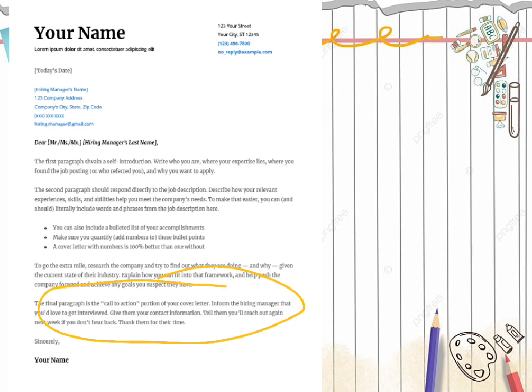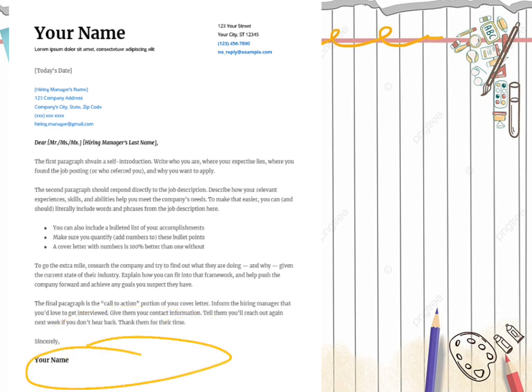Before you close your job application letter, you have to know the closing paragraph and how to write it. After you write the closing paragraph, you have to write the closing of your letter. And the last step is to be sure your job application letter has the signature of your name.